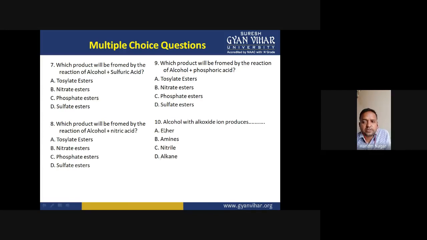The next question is alcohol with alkoxide ion produces. Alcohol with alkoxide ion produces the ether, and this is just like Williamson ether synthesis.